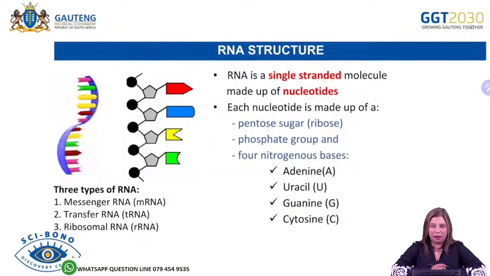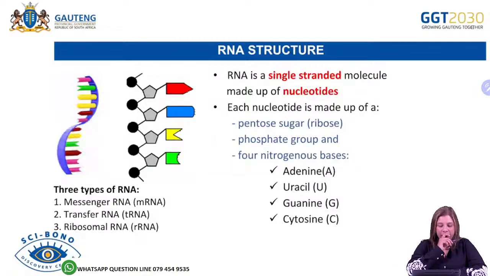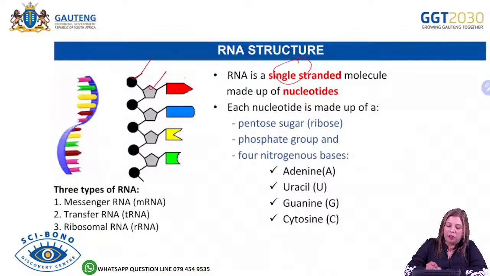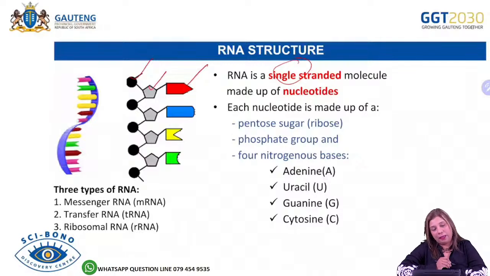Let's isolate RNA structure. RNA is a single-stranded molecule. It is made up of a pentose sugar and a phosphate group, which you would find there, and 4 nitrogenous bases. So these nitrogenous bases are specific to RNA.